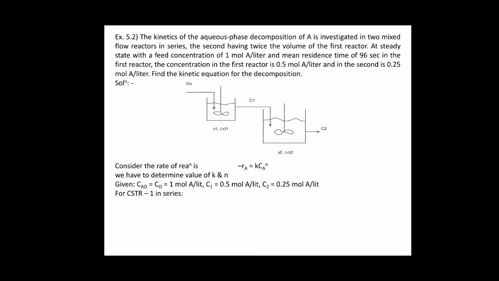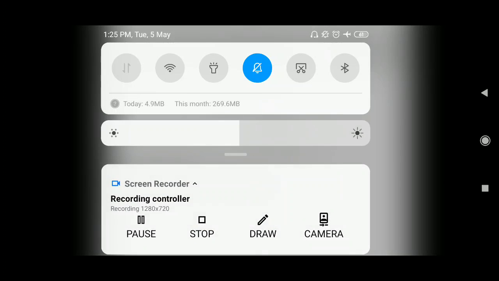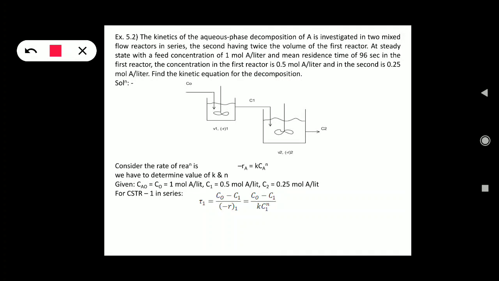Now if you see reactor 1, I can write the performance equation of reactor 1, which we already studied in the previous lecture. Tau 1 is equal to C0 minus C1 upon minus R1. Minus R1 means the rate of reaction in reactor 1, which I can write as K C1 raised to n, because the concentration in the first reactor will be C1.